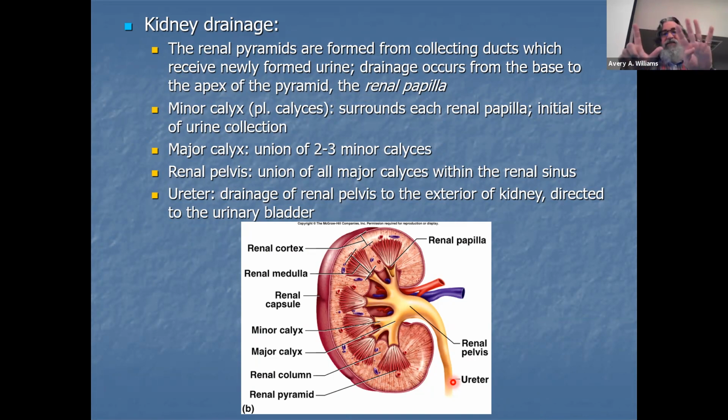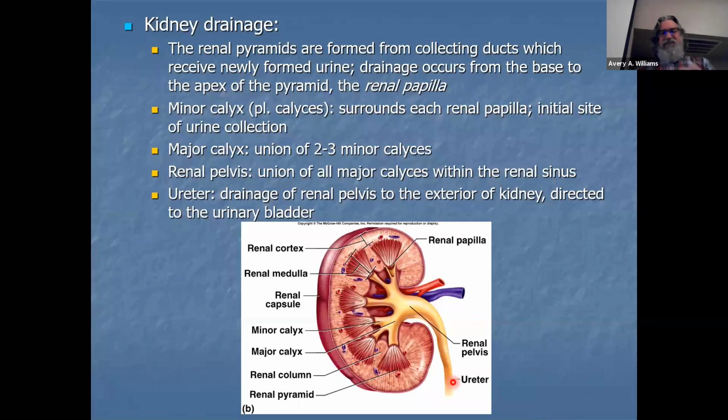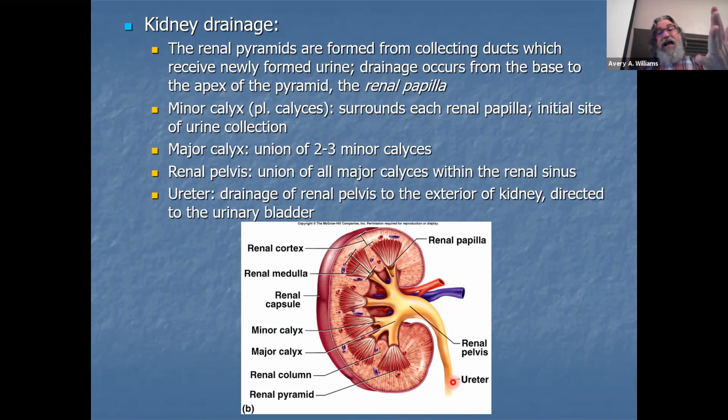Let's count again. Minor calyx, major calyx, renal pelvis, ureter, bladder, urethra. That's 6. Okay. That's the correct route of urine, if you're a little drop of urine.